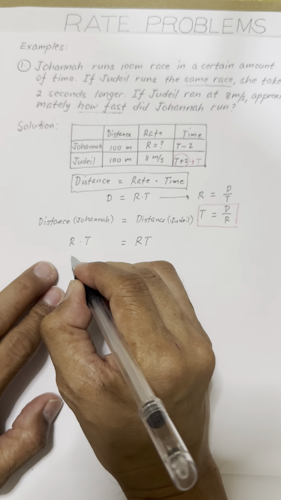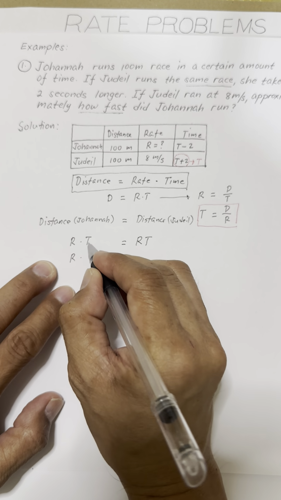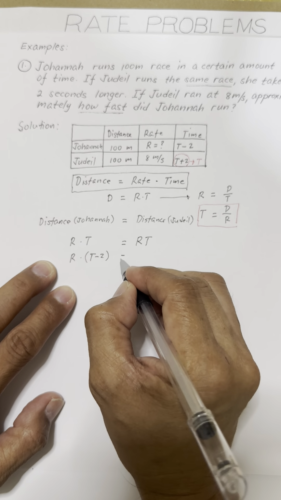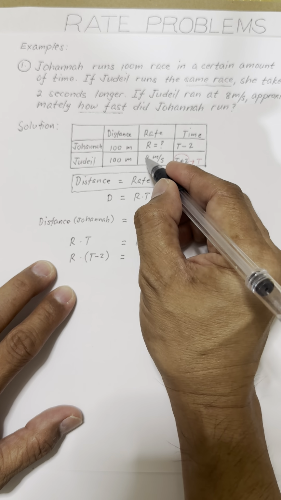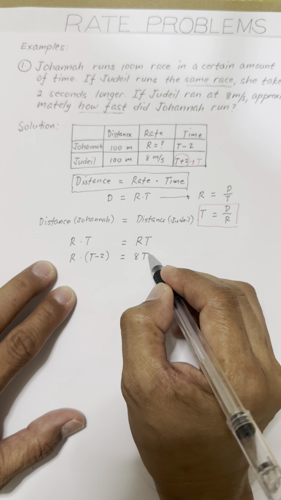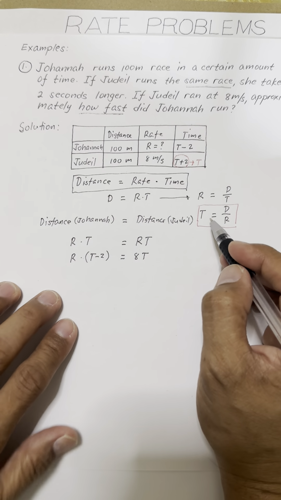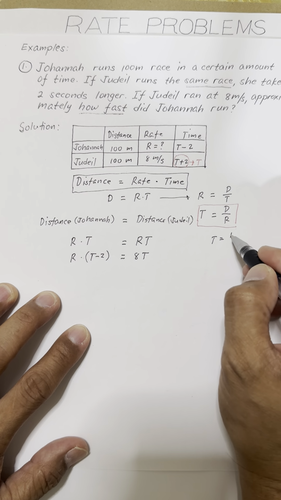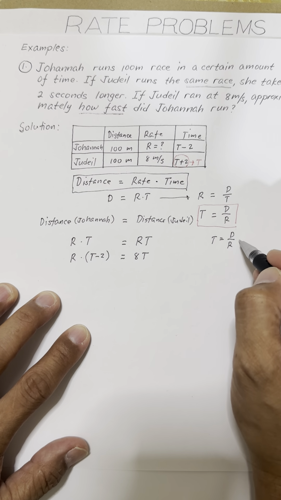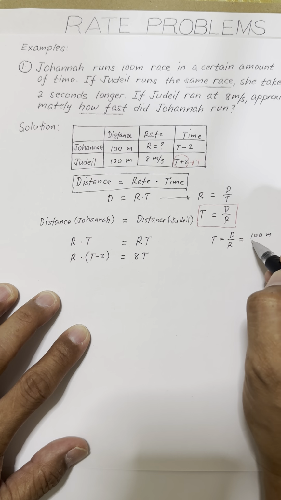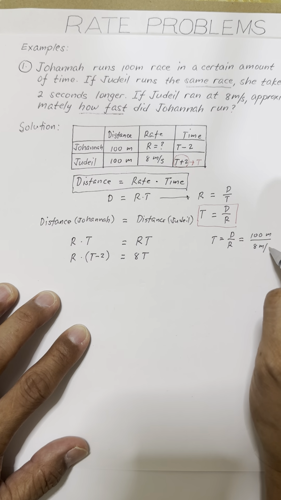So we have rate times Johanna's time, t minus 2, equal to the rate of Judel, given as 8 meters per second, times time. Time can be calculated from the given. Time is equal to distance over the rate, where the distance is given as 100 meters, and the rate is 8 meters per second.